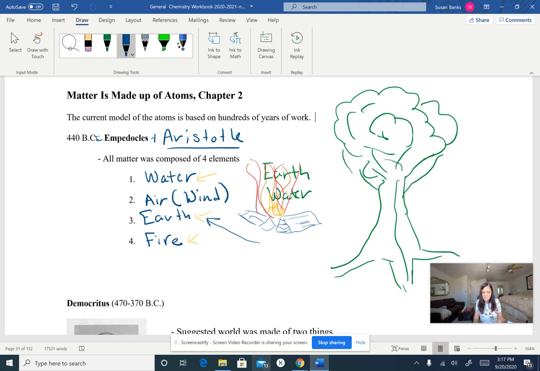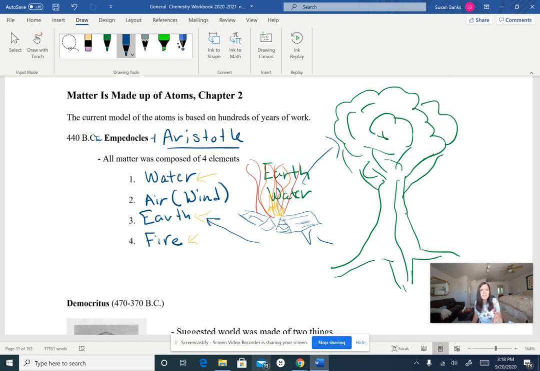So I could see them maybe even thinking that the wind coming off of a really hot fire was just wind instead of being due to pressure differences. So this is what they were seeing. They were seeing these elements, earth, wind, water, and fire, just recycled over and over again in everything that they thought life was made up of. So that was the primary theory that was going on with matter.